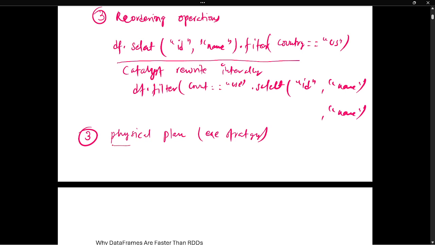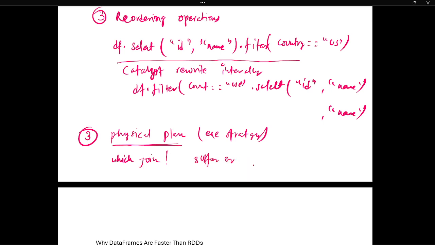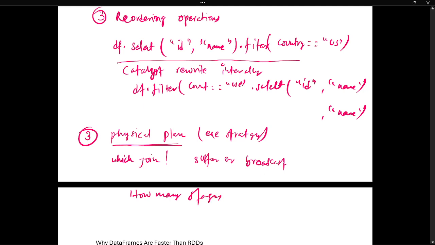Catalyst has to think: which join to use, whether to do a shuffle or a broadcast based on your requirement, and how many stages. Everything is decided in the physical plan.